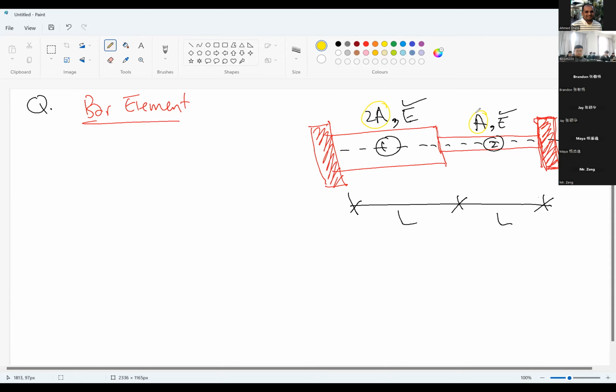That's why it's 2A and A. And we have one force here equal to B. And given to us, this is node 1, node 2, and node 3. This is the x-axis and y-axis. Okay?